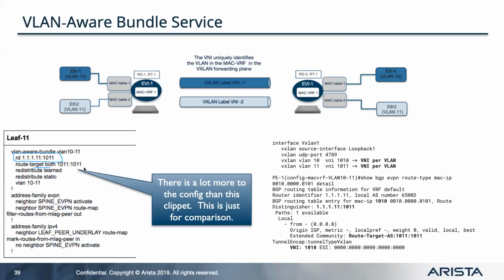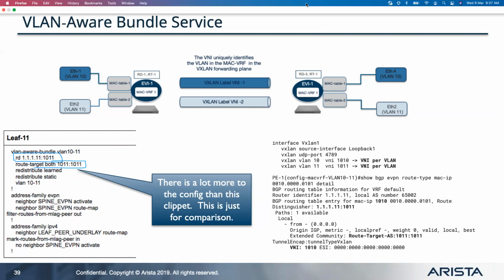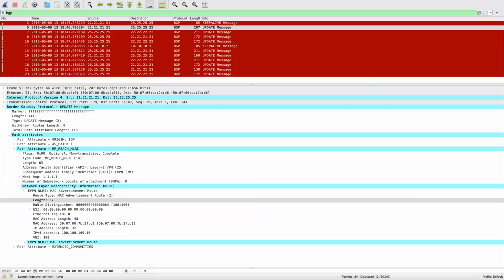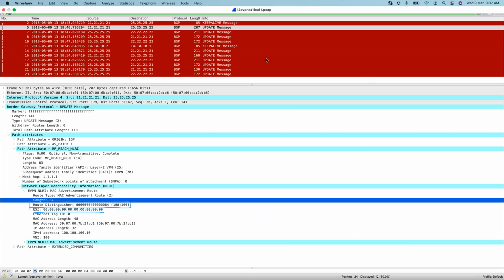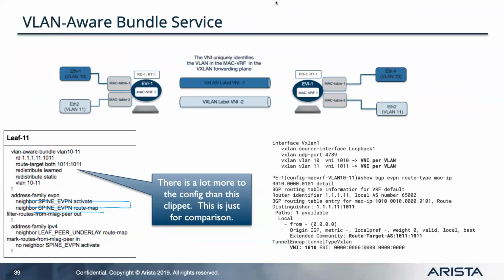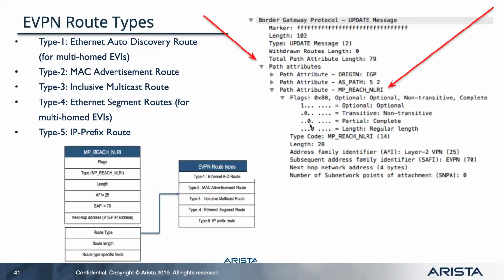And this is the RT value, which we'll also see where it will be in the update. So these are the information we are going to send. This is the route distinguisher, RD value. Now next is the Ethernet segment identifier. Right now it is 0000. So let's come here on that.